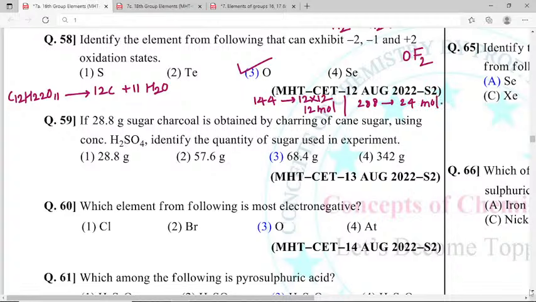And if I am asking the question for 28.8, this is 2.4 mole. That's the sugar charcoal, nothing but 2.4 mole. So what is the quantity of sugar used?